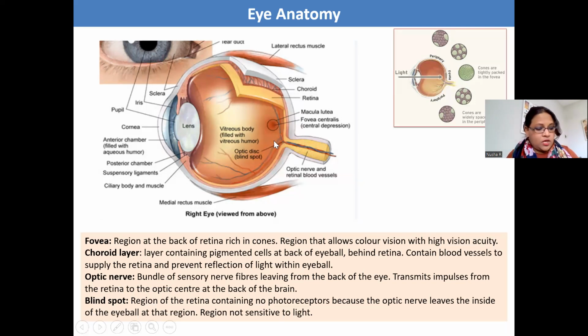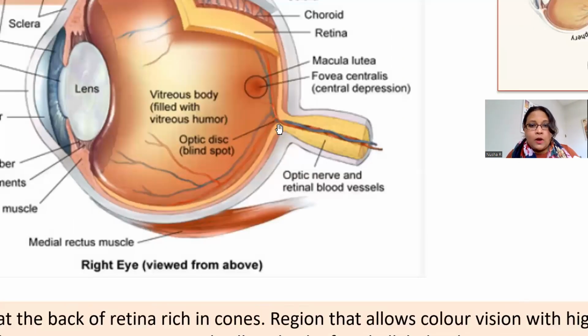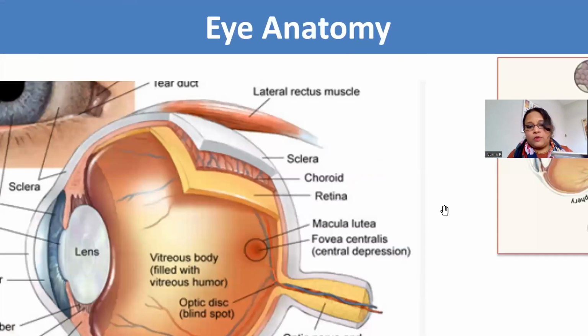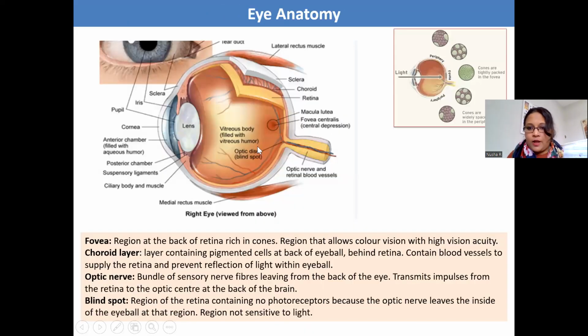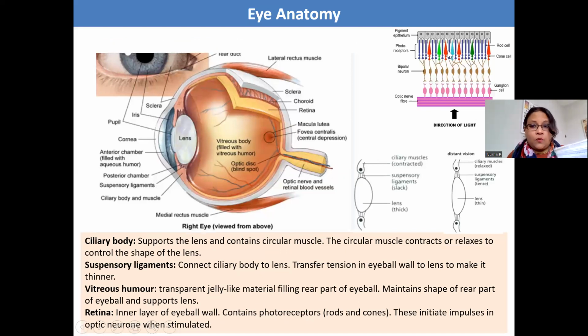And that region where the optic nerve leaves the inside of the eyeball, that region of the retina has no light-sensitive cells, so it wouldn't have the rods or the cones there. So if light rays were to strike this region, which is not sensitive to light, there would not be any images formed.